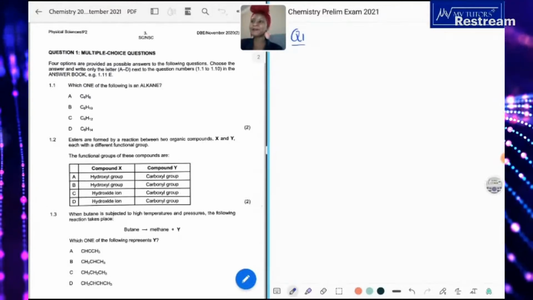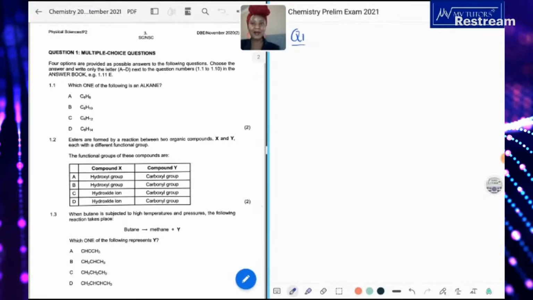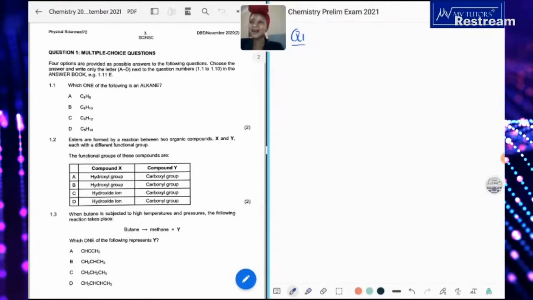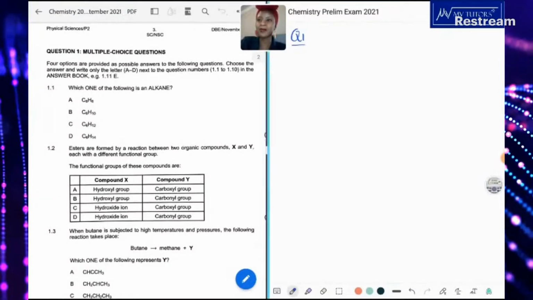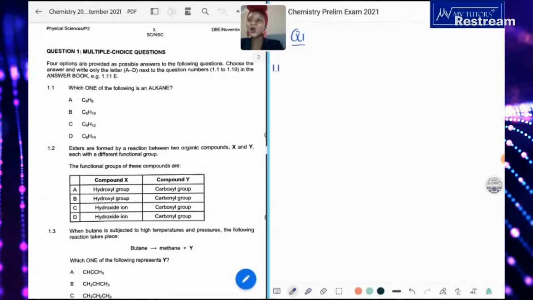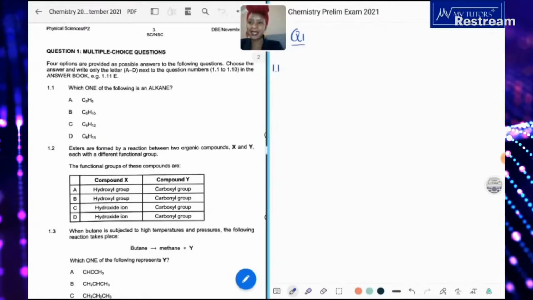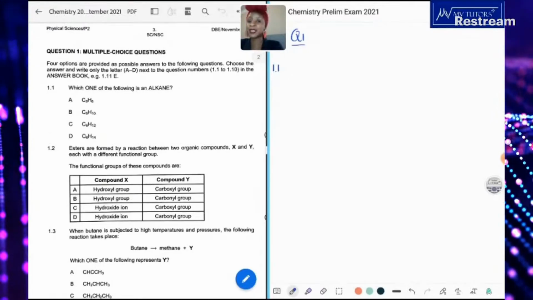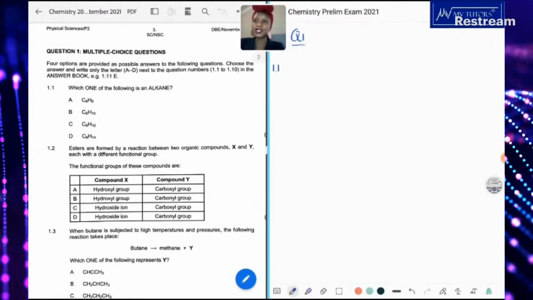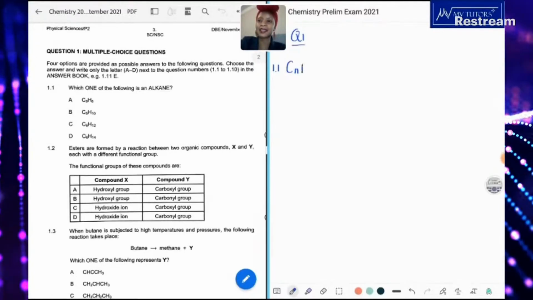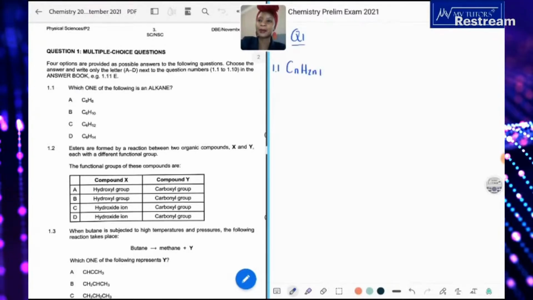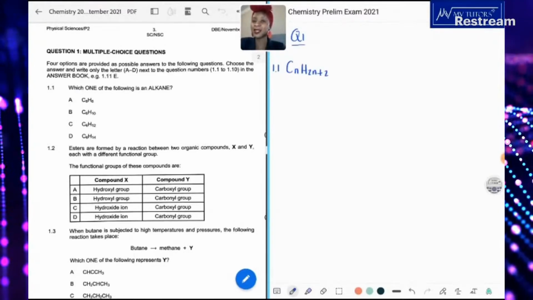Okay, let us look at question 1, multiple choice. 1.1, which one of the following is an alkane? They give us the molecular formula. You know the general formula of an alkane is CnH2n+2.